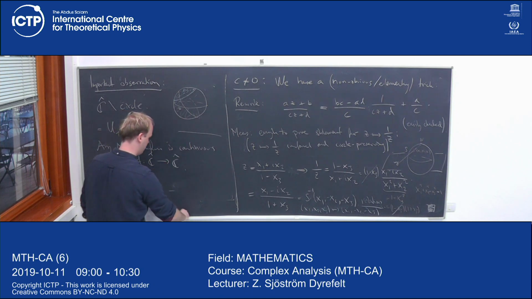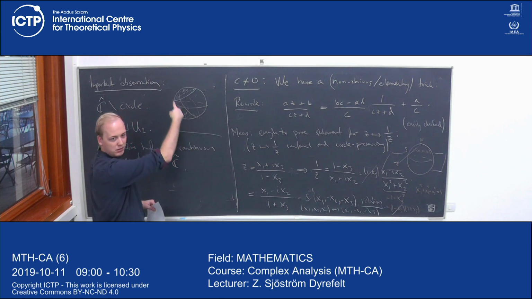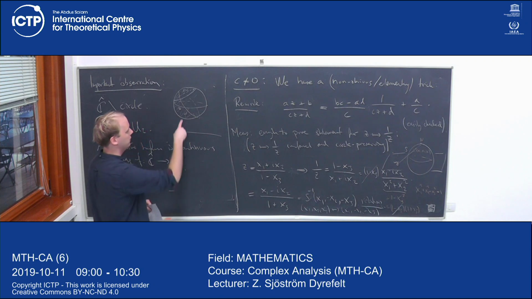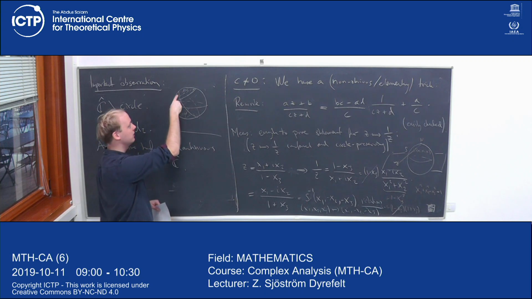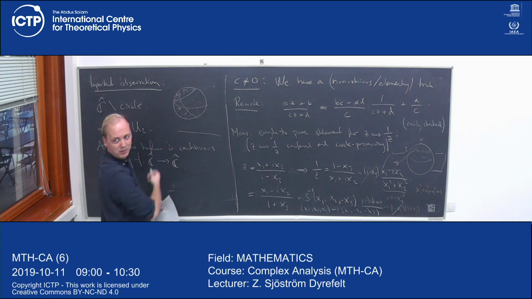Then I take another point w in the same connected component, from when I took away the circle. What can we say about the image of w? It will have to be in the same connected component as here. So f of w, we don't know exactly where, but it has to be inside here. It cannot be on this side.